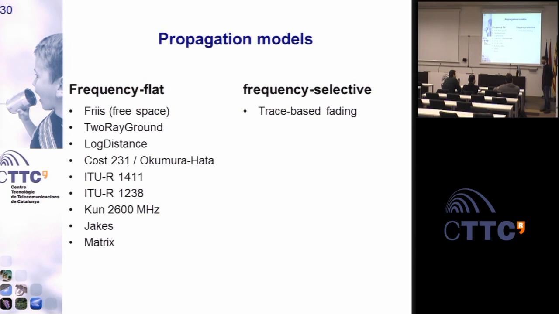Yeah, correct. So what we did within the LENA project, we developed one specific model for buildings. This is now part of ns-3 and can actually also be used without the LTE model. It's kind of an independent model. It is specifically targeted at having buildings, not supporting mobility currently, and the aim was to be able to simulate the path loss, especially the wall penetration loss. This is what this model is used for.